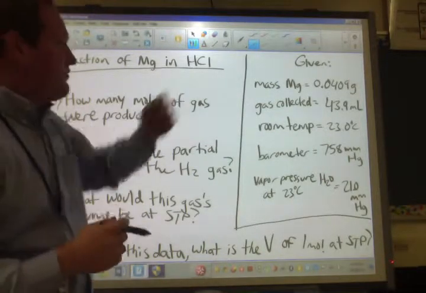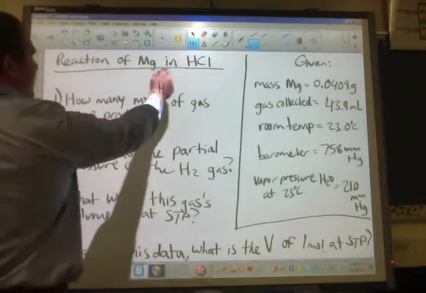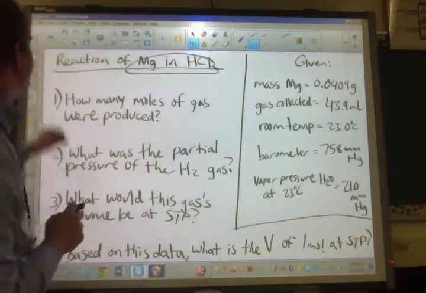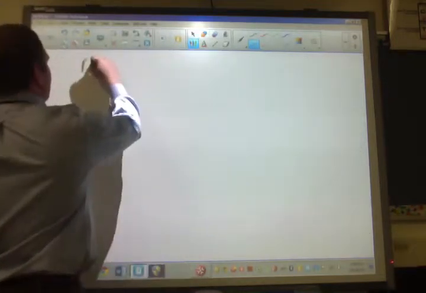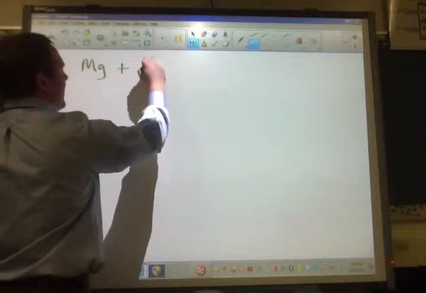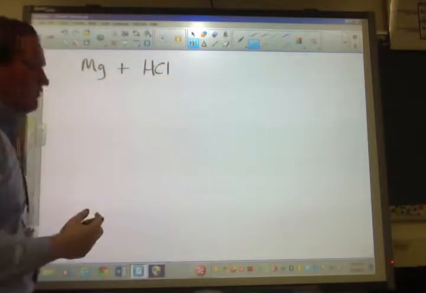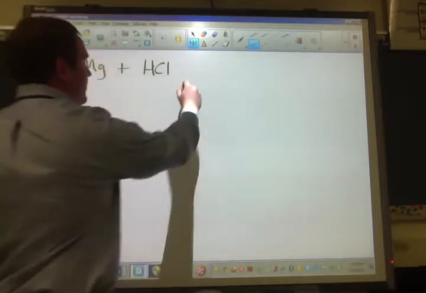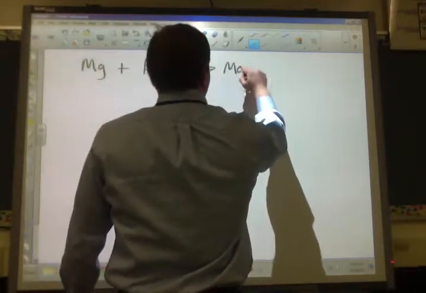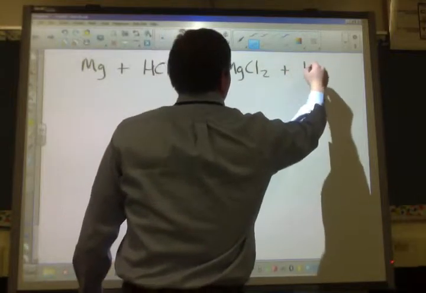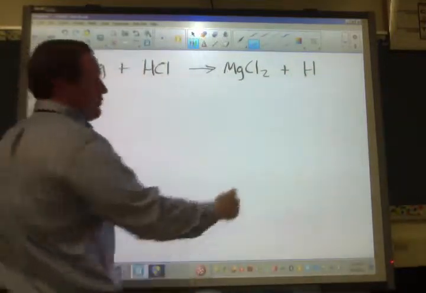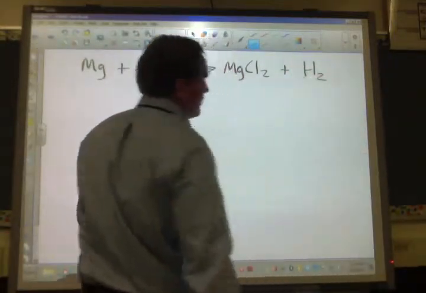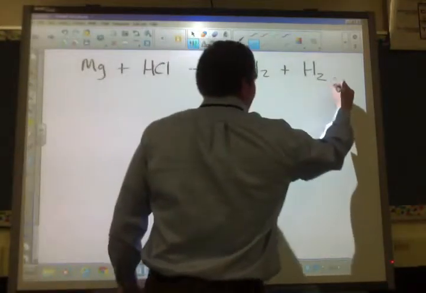Well, I know grams of magnesium, so let's write out this equation here. Magnesium is going to react with HCl, single replacement reaction. Magnesium is going to try to bump hydrogen, and it can. So we're going to get magnesium chloride plus hydrogen, which gets bumped, but because it's a diatomic, that is of course my H2, and this is my gas.